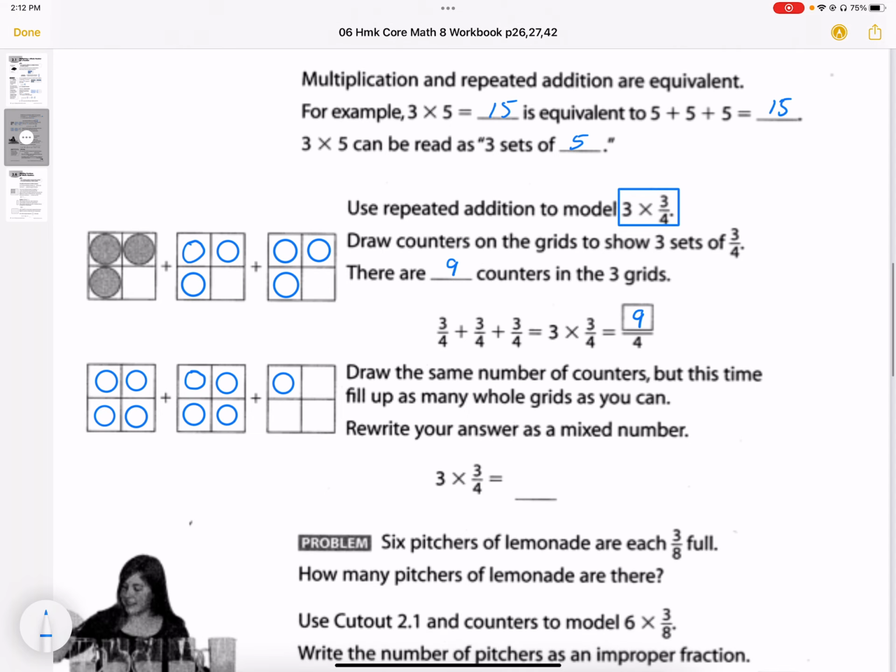First of all, this is going to be times on top. So we're going to end up with 3 times 3 on top, and the denominator stays on the bottom. That gives us our 9 1/4 pieces, and that can be written as a mixed number as 2 and 1/4 left over.